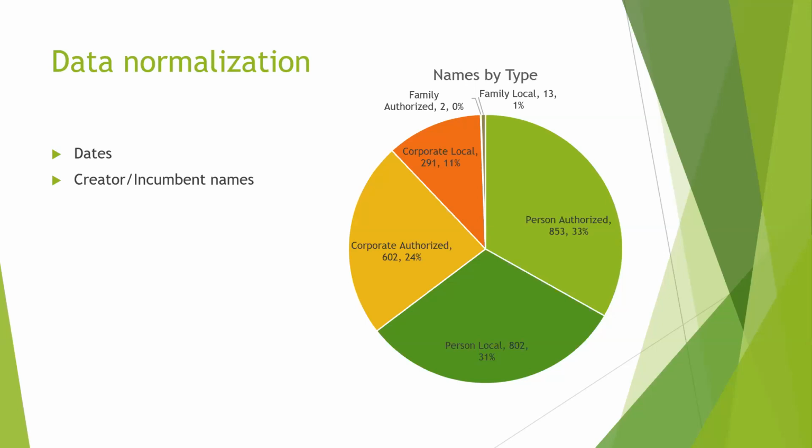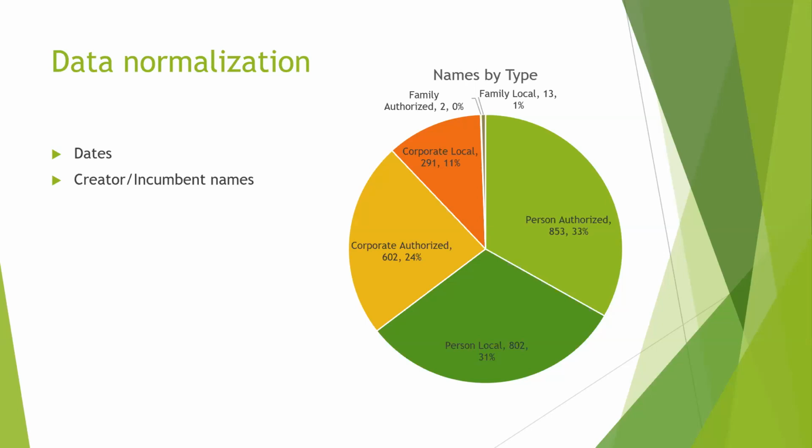I used OpenRefine again to group name variations and then systematically went through those names to express them in their authorized forms. Where there was no name authority that I could identify, I used RDA rules to create consistent local names.